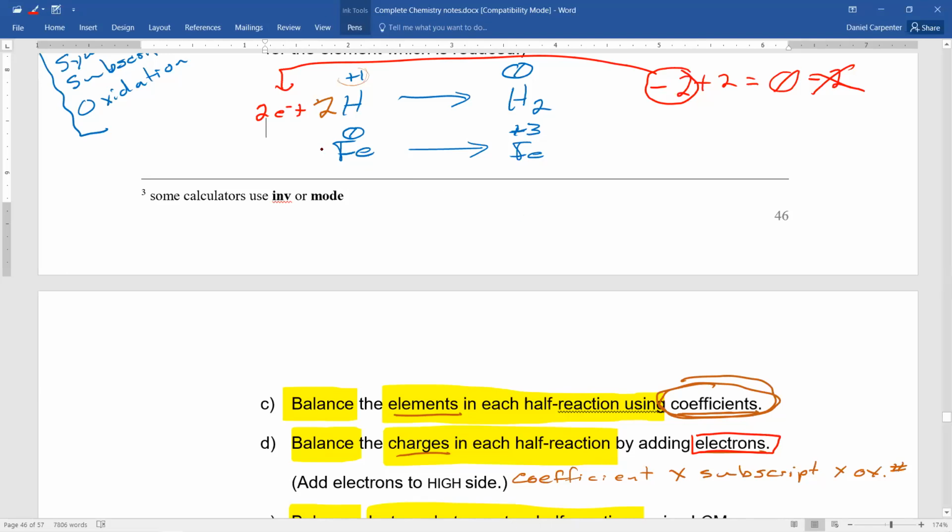All right, so understood 1 times understood 1 times 0 for iron is 0. 0 on the left, and on the right, 1 times 3 is 3. Negative 0 on the left, plus 3 on the right.